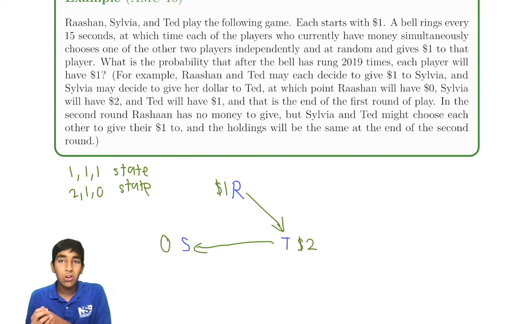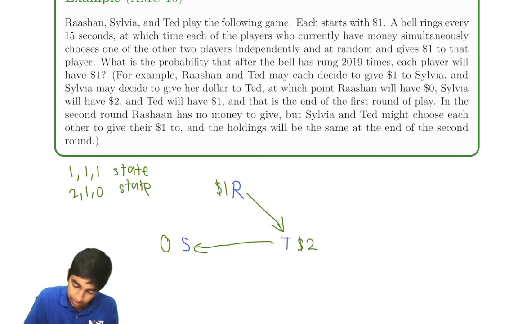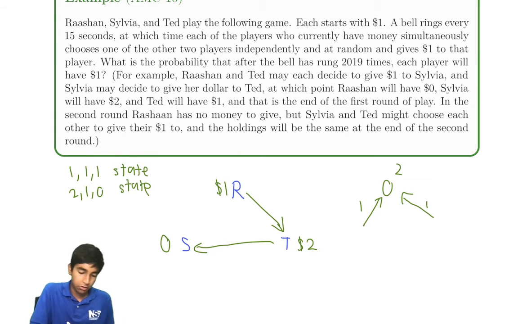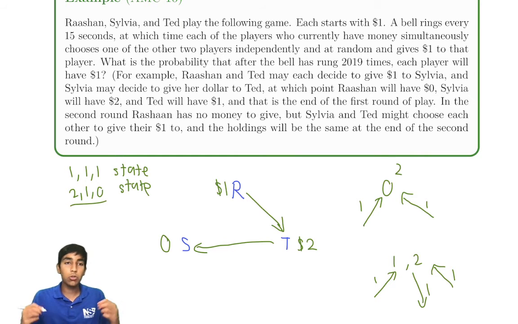Because even if somebody has 0 and they get $1 from one person and $1 from another person, now they have 2, but 2 is not 3. What if they already have $1 or even 2? Well, even if they get $2 again, they have to give up 1, so net they only get +1.